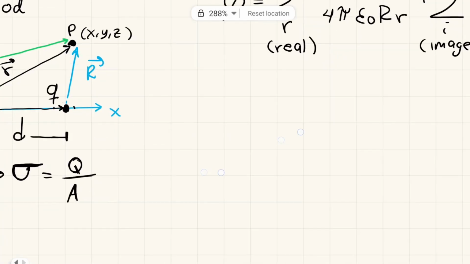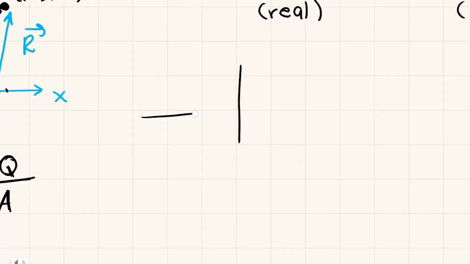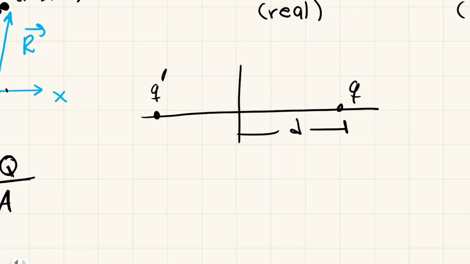To make it simpler, we are going to have this charge Q prime here, the charge Q here, and this is going to be at a distance d, and this is going to be at a distance d prime away from the origin on the x-axis.